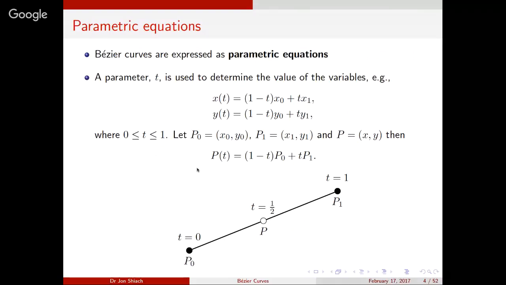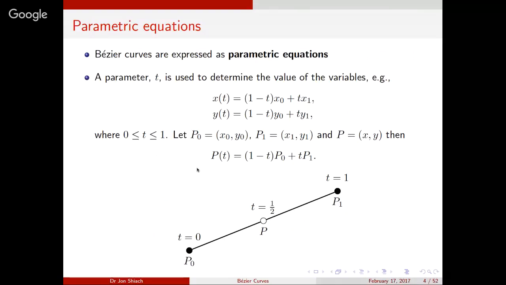I've split it up in terms of x and y because that's how Bezier curves do it. But if you think of this as a vector of x and y, there's a vector of x0, y0, and a vector of x1, y1. It's essentially the vector equation of a line.